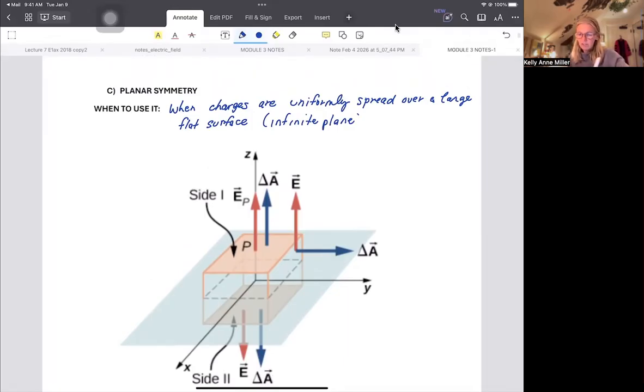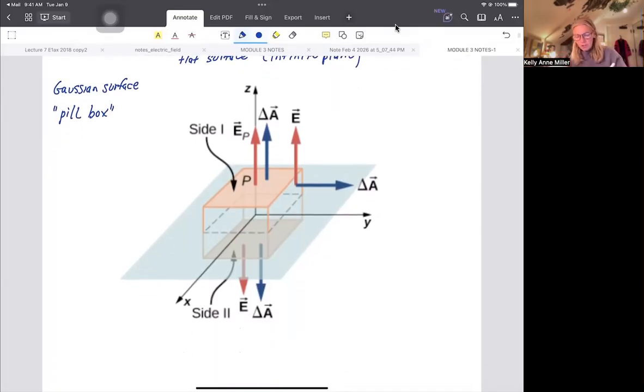The Gaussian surface that you draw is referred to as a pillbox. It's basically just a rectangle or a cube that spans above and below the planar surface.